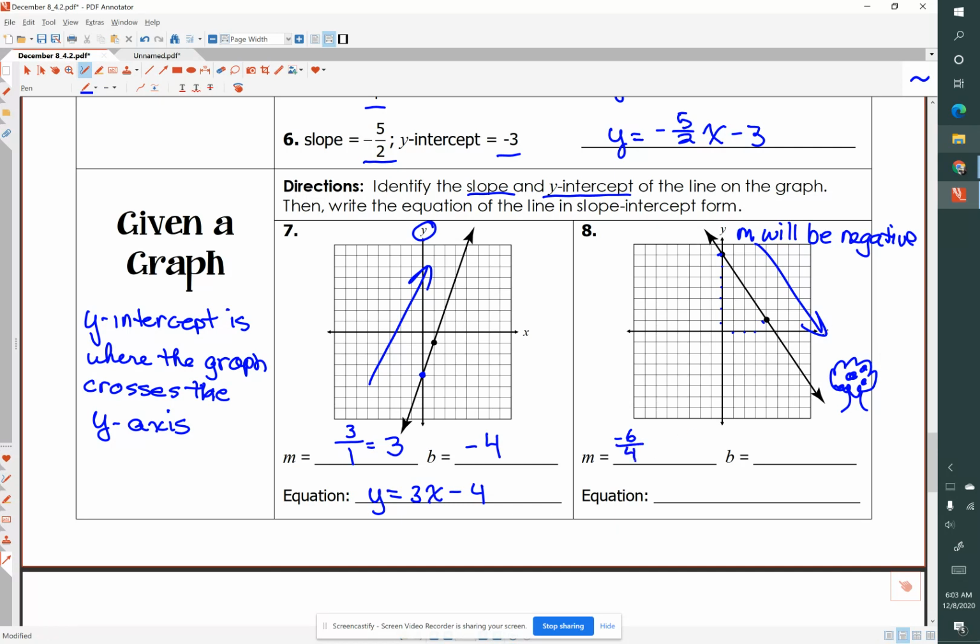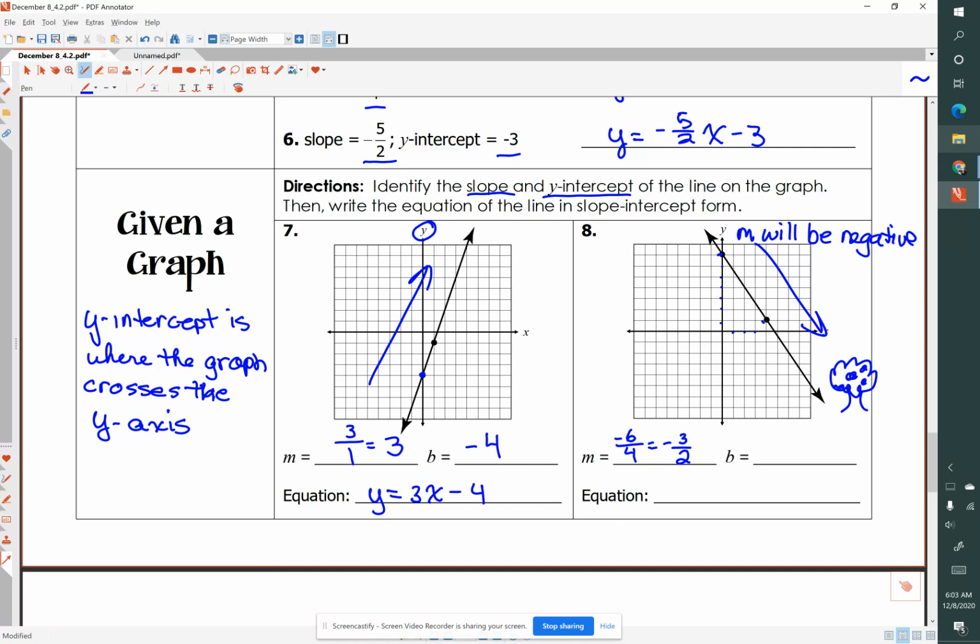So -6/4. Remember, only the numerator or the denominator can be negative when we have negative slope. If both were negative, then the slope would be positive because a negative divided by a negative is a positive. Now we can simplify this to -3/2 by dividing both of those by 2.